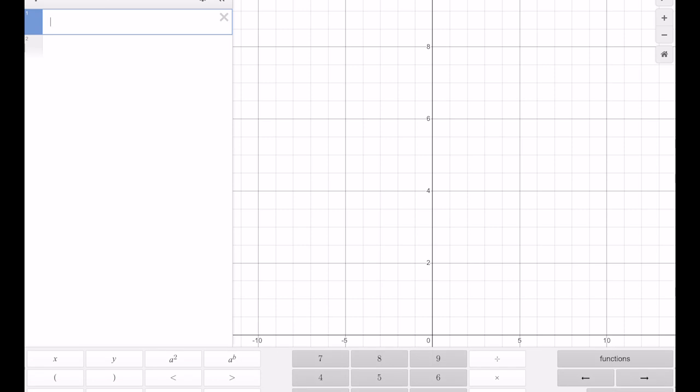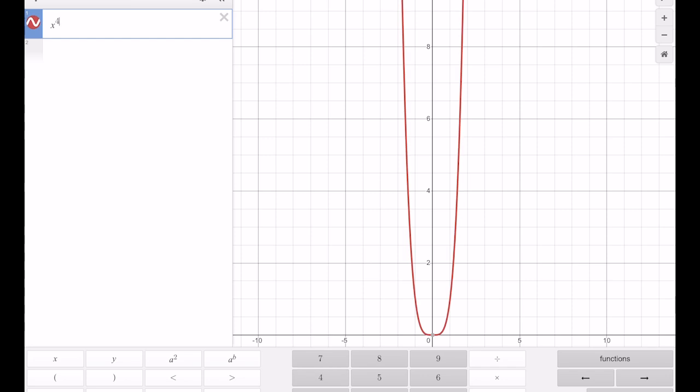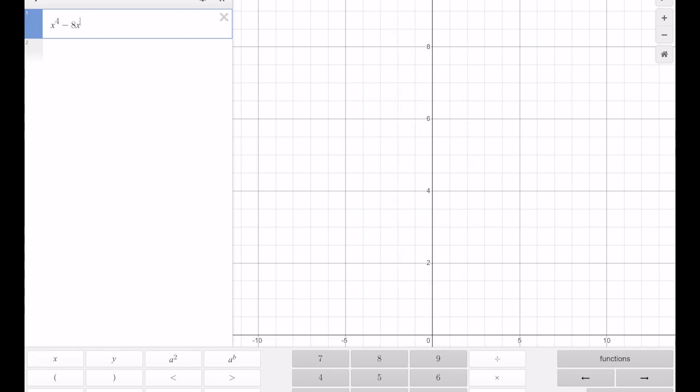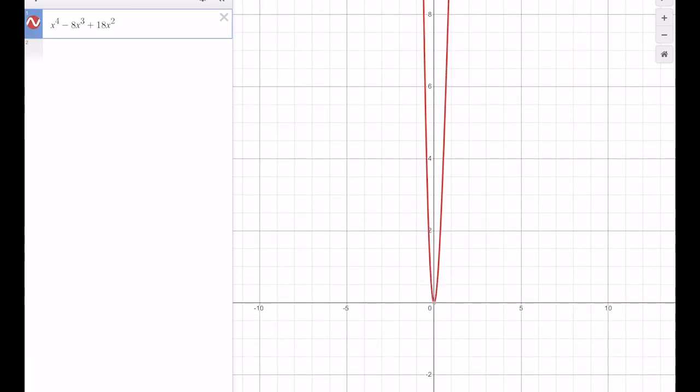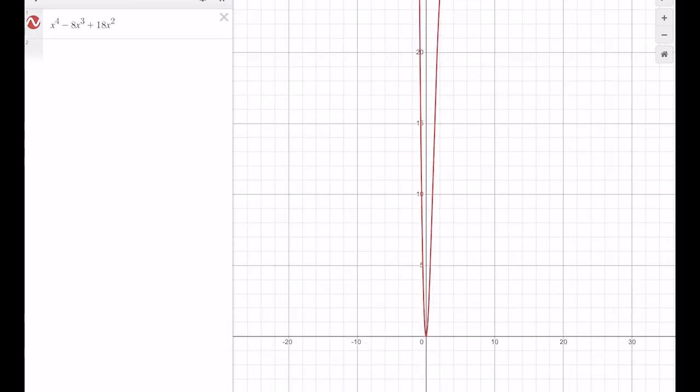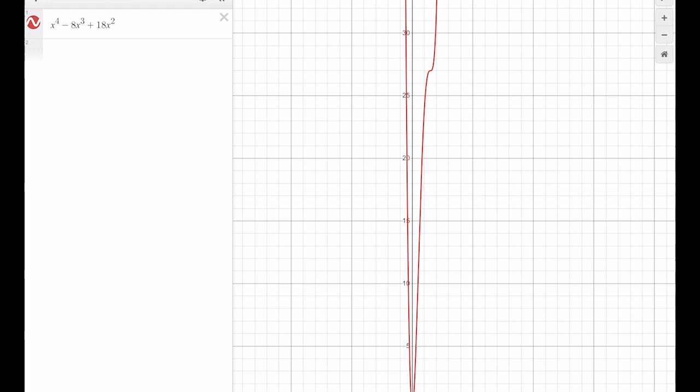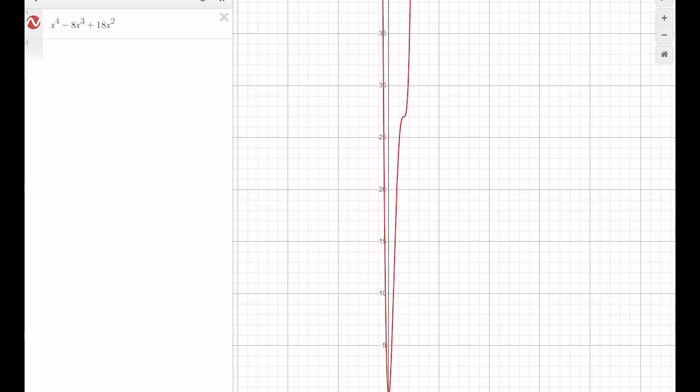So if I was to use this function here, x to the 4th minus 8x cubed plus 18x squared, you can see here that it's concave up from -infinity to 1.